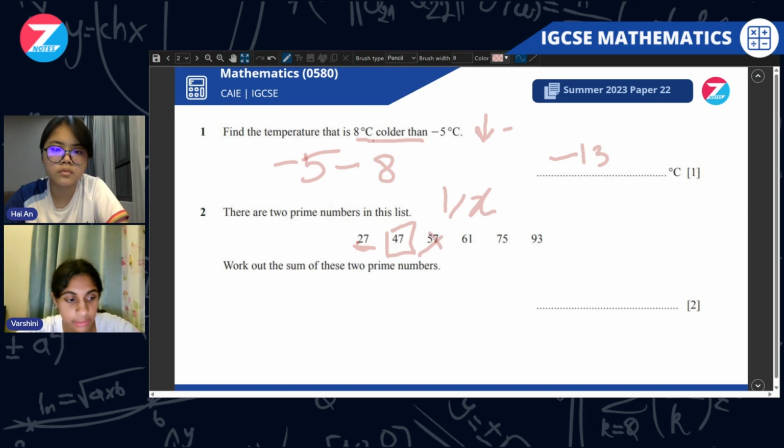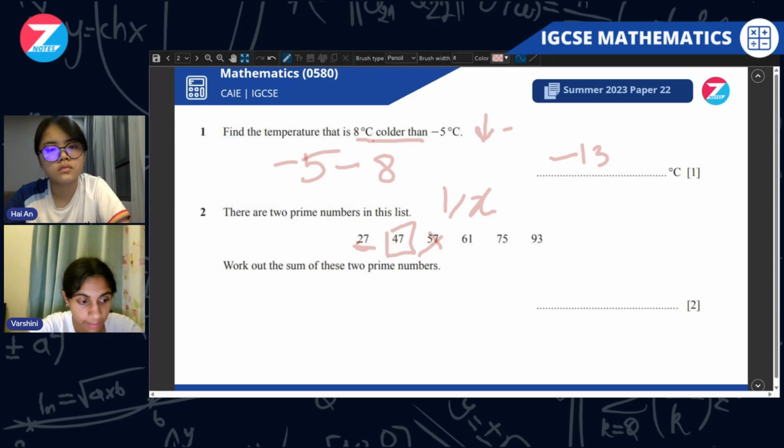If we go to 61, let's try dividing 61 by the prime numbers that we know of. We know 61 doesn't go in 5 or 2, so we don't have to waste time on that. We know it also doesn't go in 11.